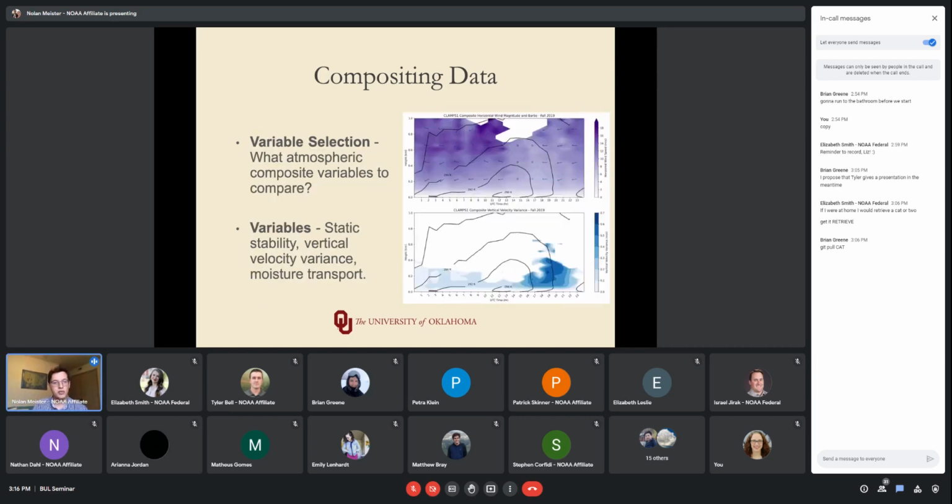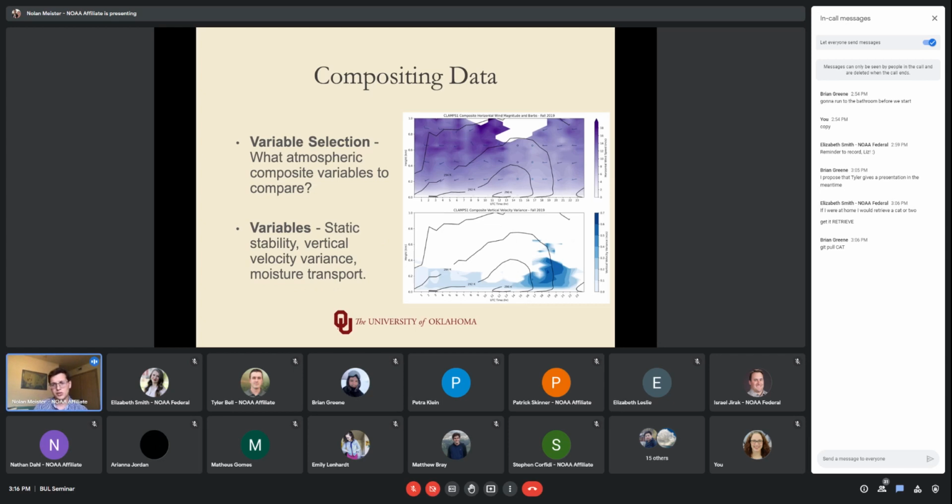The next challenge that I had was to choose what atmospheric variables to composite. And this was a tough one because anyone who's taken one of Scott Zalewski's classes knows that there are a lot of boundary layer variables. The three that I settled on are static stability, so essentially a thermodynamic composition of the boundary layer.